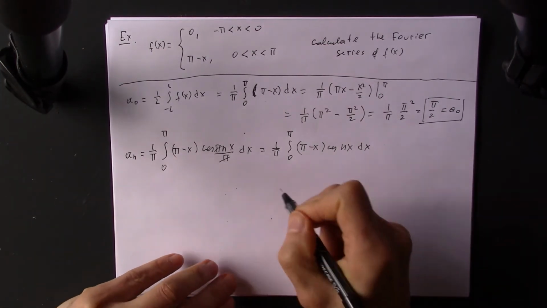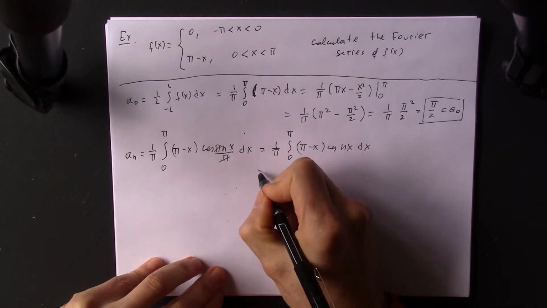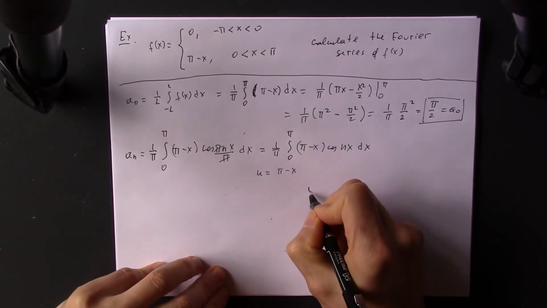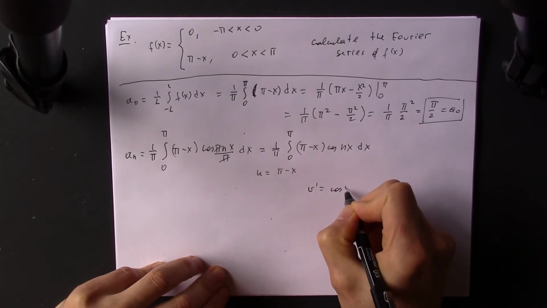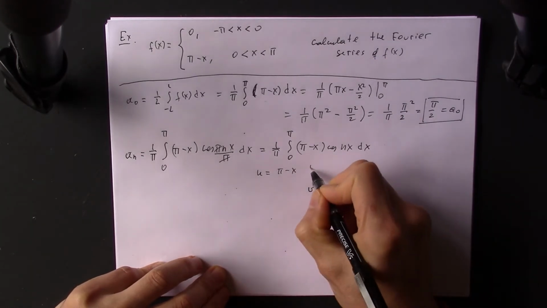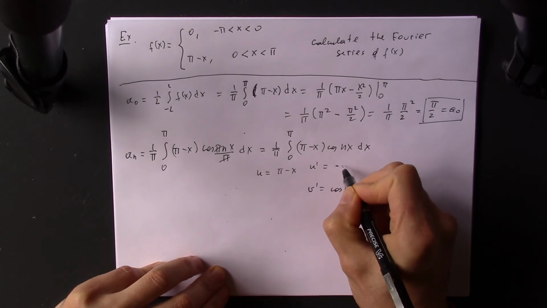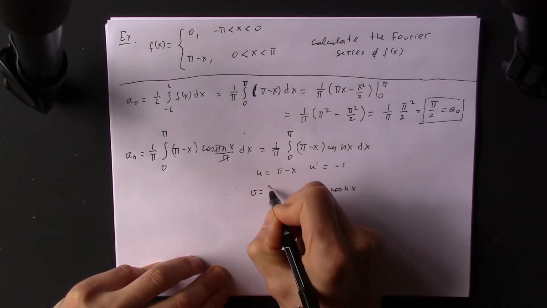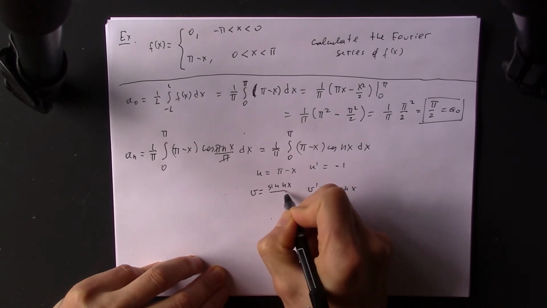We'll do integration by parts with u equals pi minus x, v prime equals cosine of nx, then u prime becomes minus 1, and v becomes sine of nx over n.